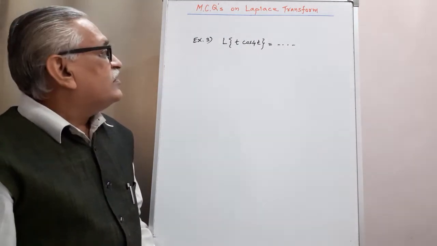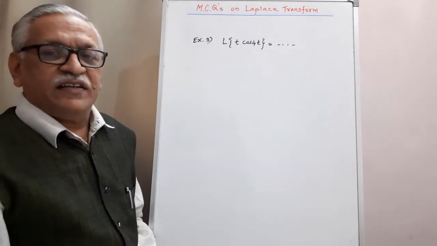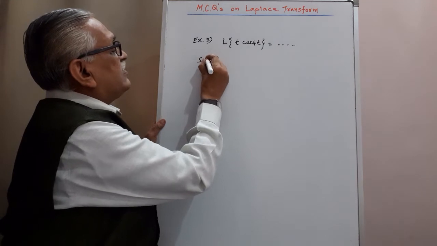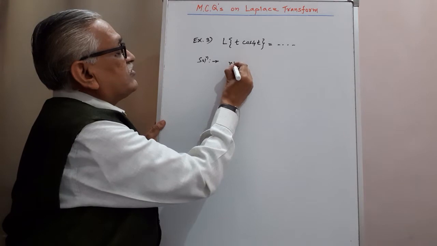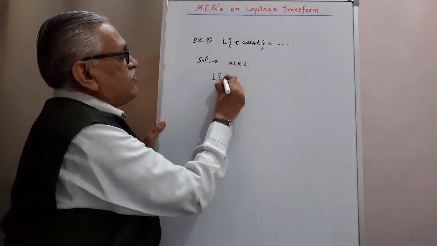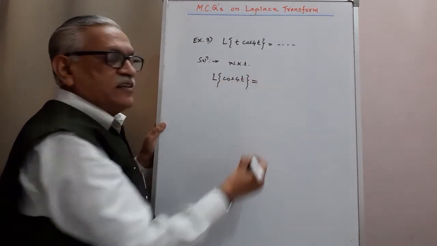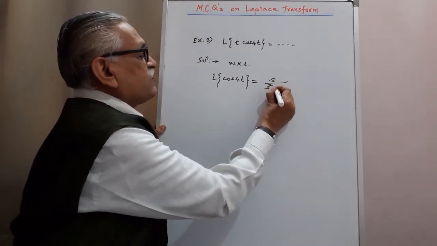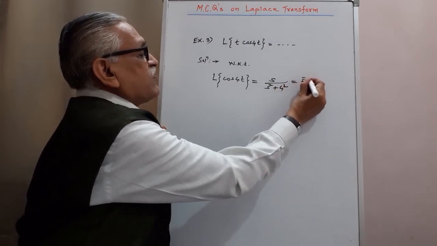Example number third: Laplace of t cos of 4t is equal to. Again, select the correct option out of the 4. To find the correct answer, we know that the Laplace transform of cos of 4t, the standard result, is s upon s square plus a square, that is s square plus 4 square. We call this f bar of s.